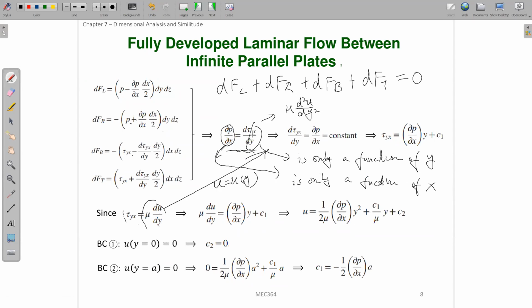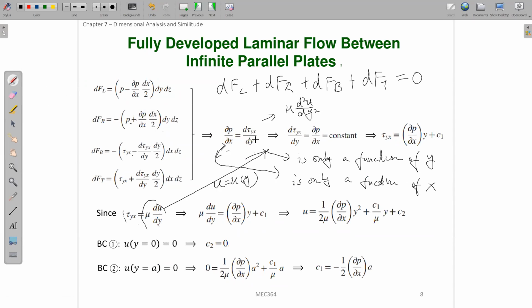So for this equation, the left hand side is only a function of x, and the right hand side is only a function of y. So the only way they can be equal is that they are all equal to the same constant value.